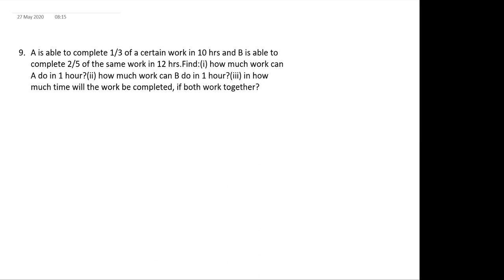How much work can A do in 1 hour? Beta, first of all, write the information which is given to you. Okay, 10 minutes are left. So A is able to complete 1 upon 3 of a certain work in 10 hours.